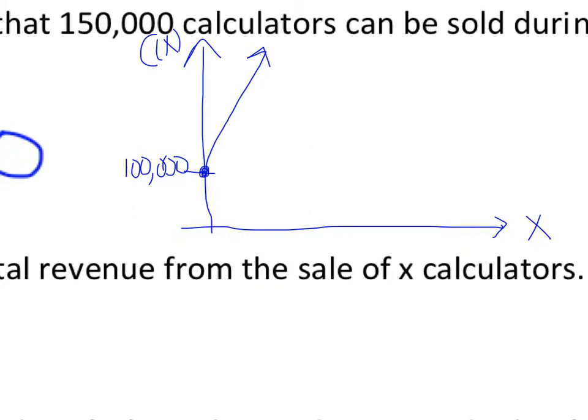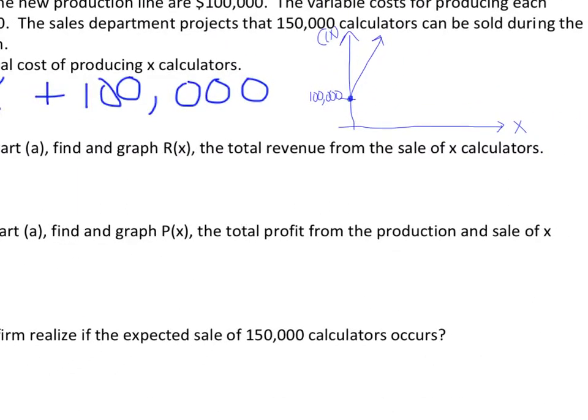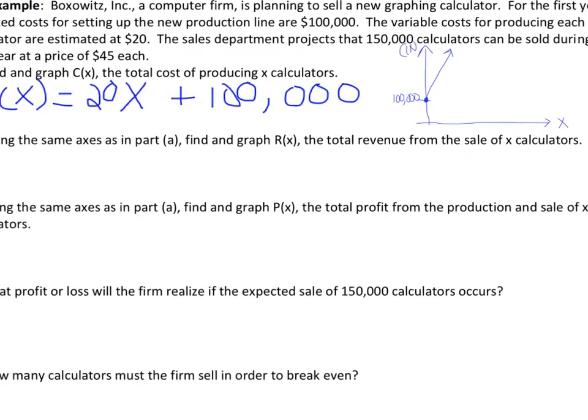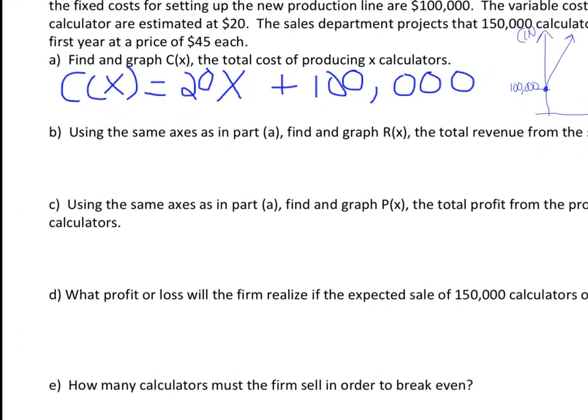Part B, find and graph R of X, which is the total revenue from the sale of X calculators. And we're going to use the same axes. Alright, R of X then is our revenue, and it says that they think they're going to sell 150,000 calculators at a price of $45 each.